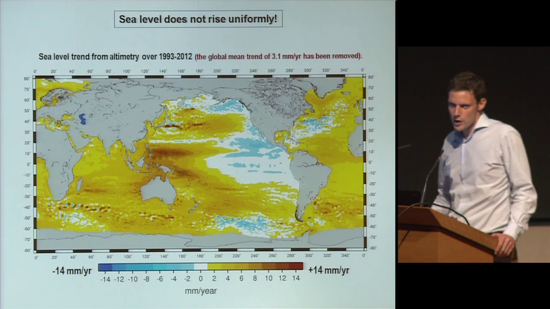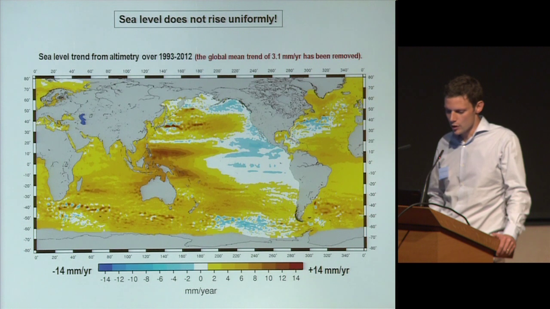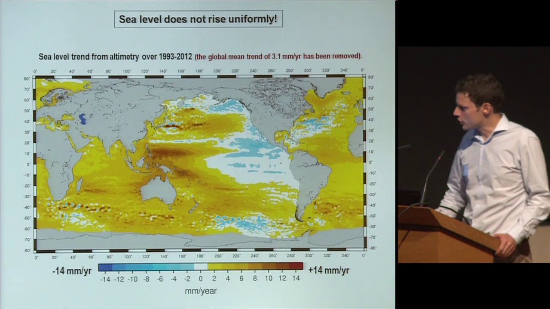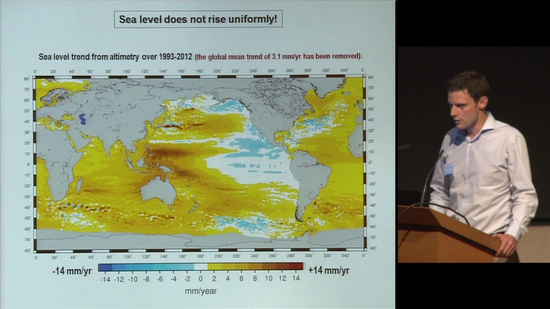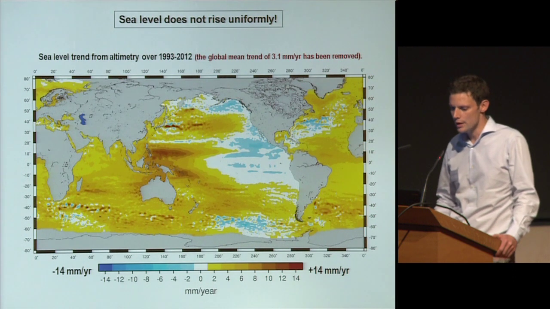So first, what do we know about the past sea level changes in the ocean? Thanks to satellite altimetry, we have a pretty clear view of the past sea level changes over the world over the past 2 decades. Satellite altimetry has indicated that there is a global sea level rise of 3.1 millimeter per year since 1993.